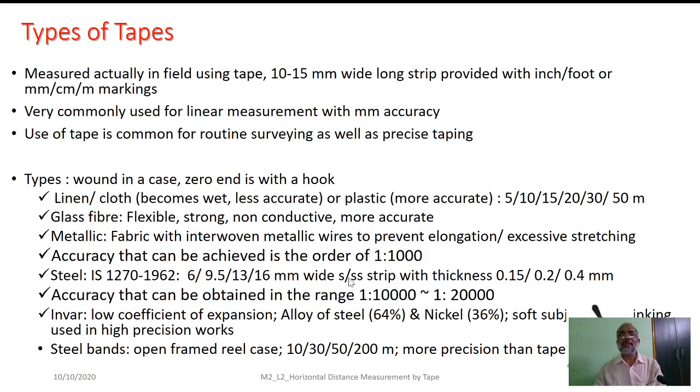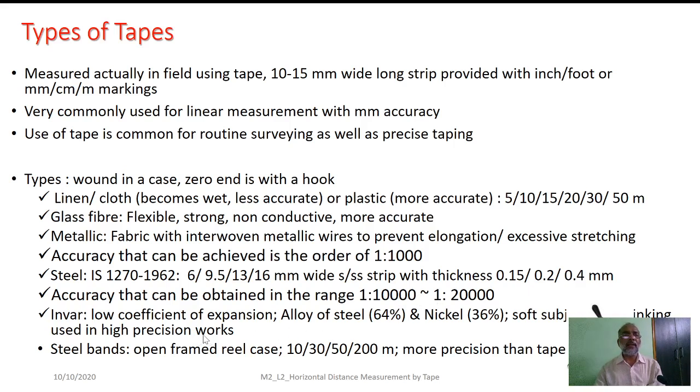Usually it is a steel or stainless steel strip with thickness of 0.15, 0.2, 0.4 millimeters. The cross section is mostly slightly curvilinear. The accuracy by making use of steel tape can be easily had with 1 in 10,000 to 1 in 20,000, but it solely depends on the person who is using it.